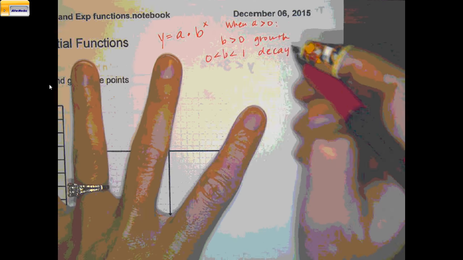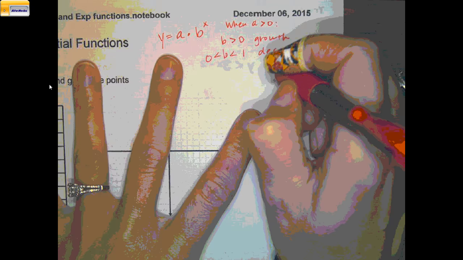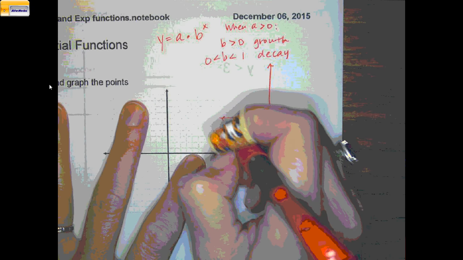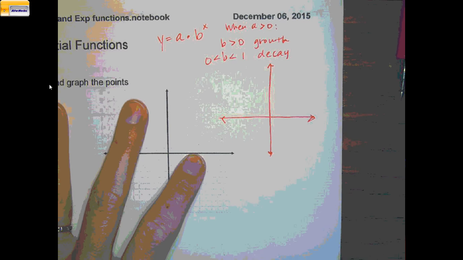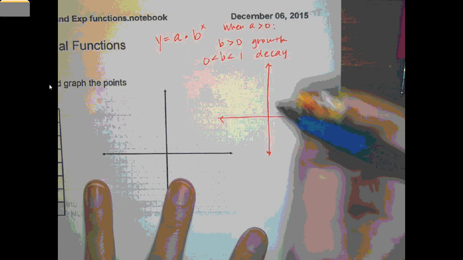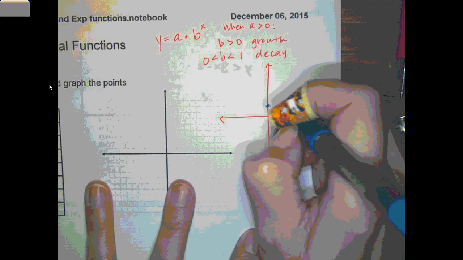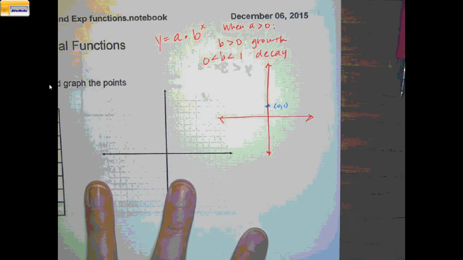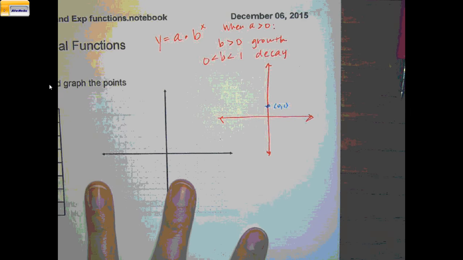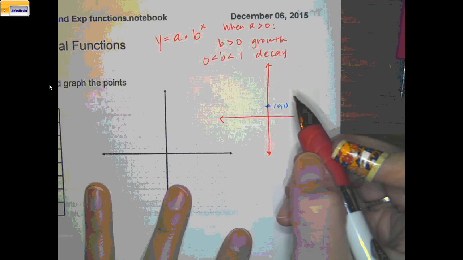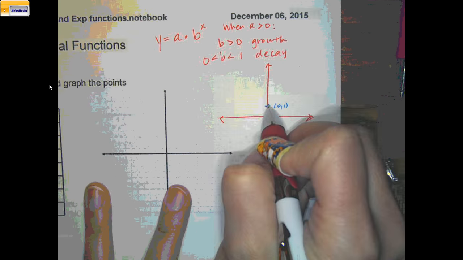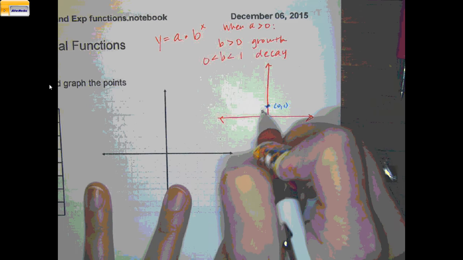The parent function looks like this. The graphs, in their parent form, before you've done anything to them, cross at 0, 1. Both of them. Growth skates along an asymptote that's on the x-axis.